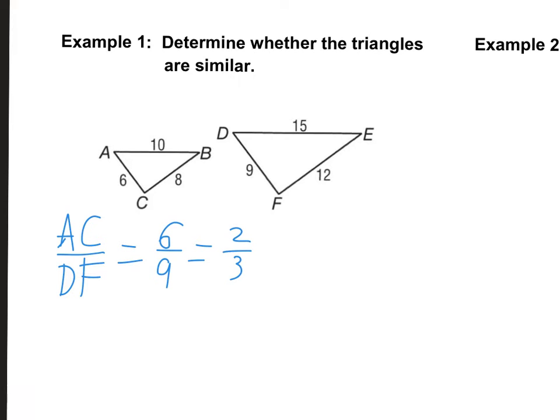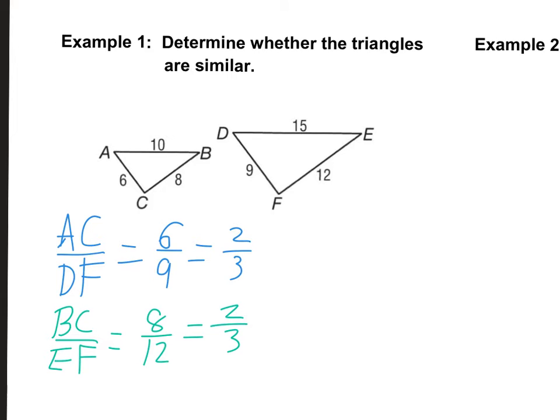We have the ratio of, let's change colors on that, BC to EF, which is 8 to 12, which breaks down into 2/3.